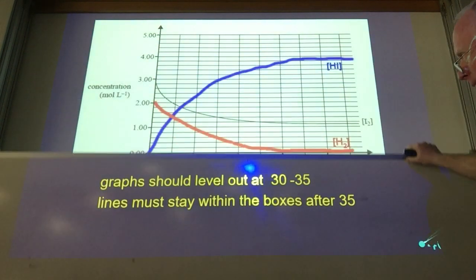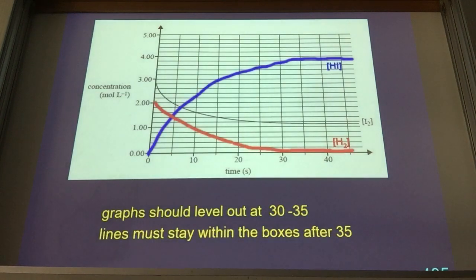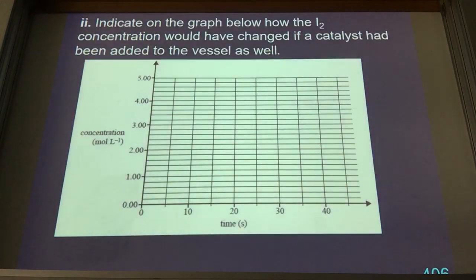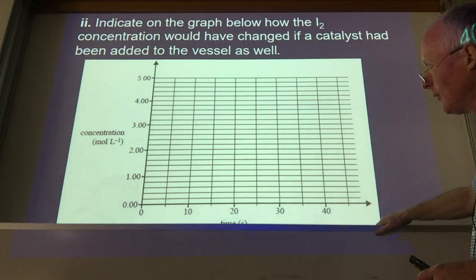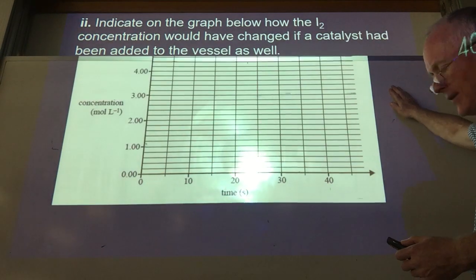Now, the next one, basically it was the iodine reaction if a catalyst was added. So what does a catalyst do? A catalyst speeds up the reaction, but doesn't affect the amount of product that is produced. So you're going to start off exactly as on the previous one.